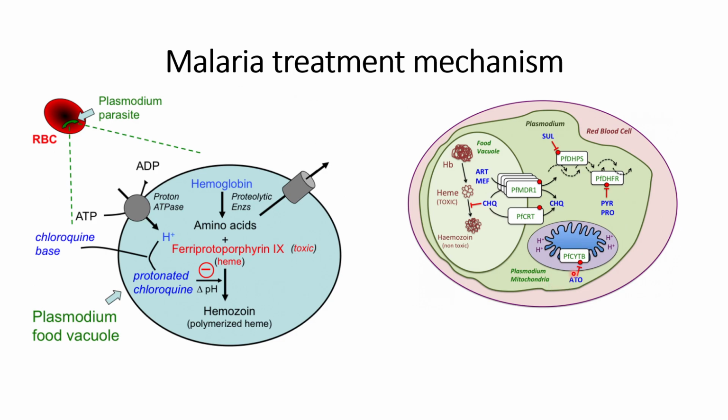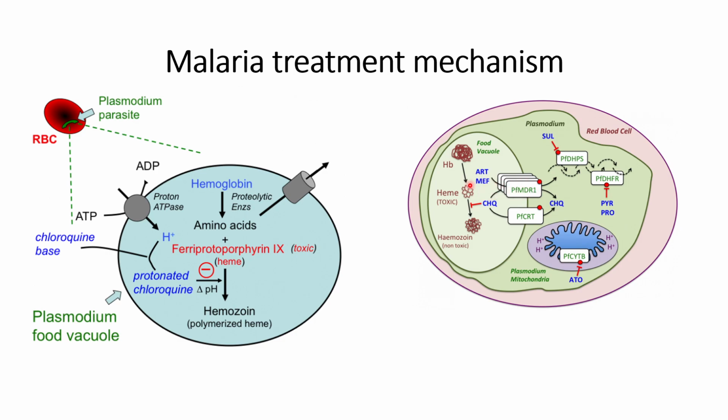There are some other examples mentioned here, like SUL, PYR, PRO, and ATO, that also promote the survival of Plasmodium, thus making malaria resistant towards these kinds of drugs, that is chloroquine or MEF.